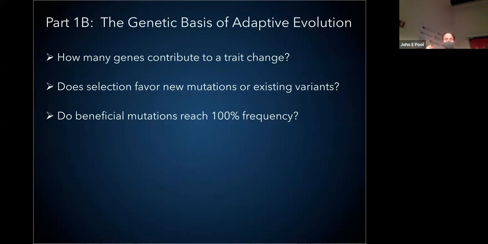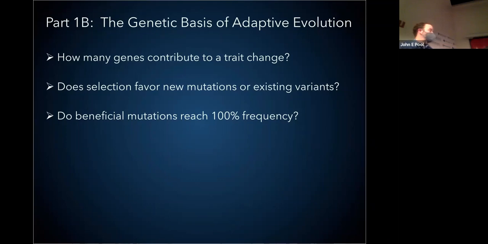And so some of the questions we're interested in on this front are things like, when a trait evolves adaptively in a natural population, how many genes are involved? It could be 1, it could be 10, it could be 100, it could be 1,000 or more. And also whether natural selection is primarily acting upon new mutations or else standing genetic variation that was already there. And lastly, given that natural selection is favoring certain genetic variants, are they rising all the way to 100% frequency, or are they stopping before that point?